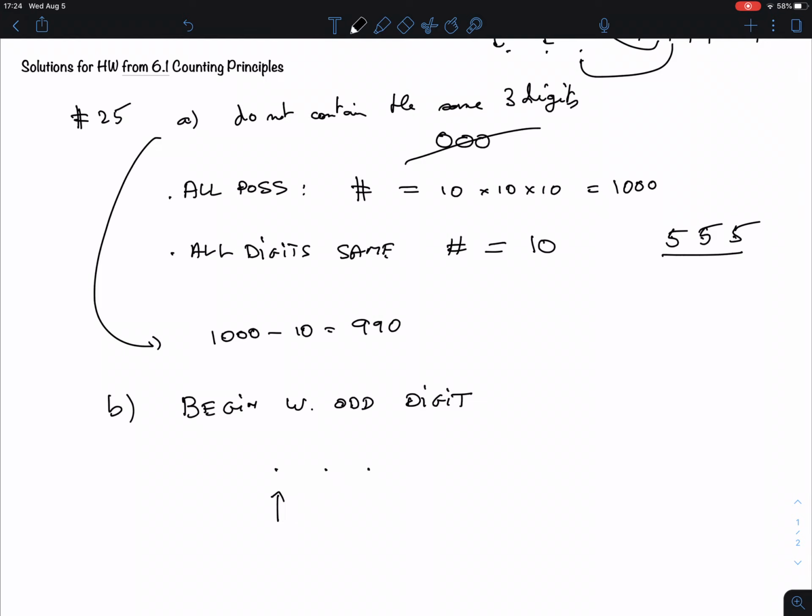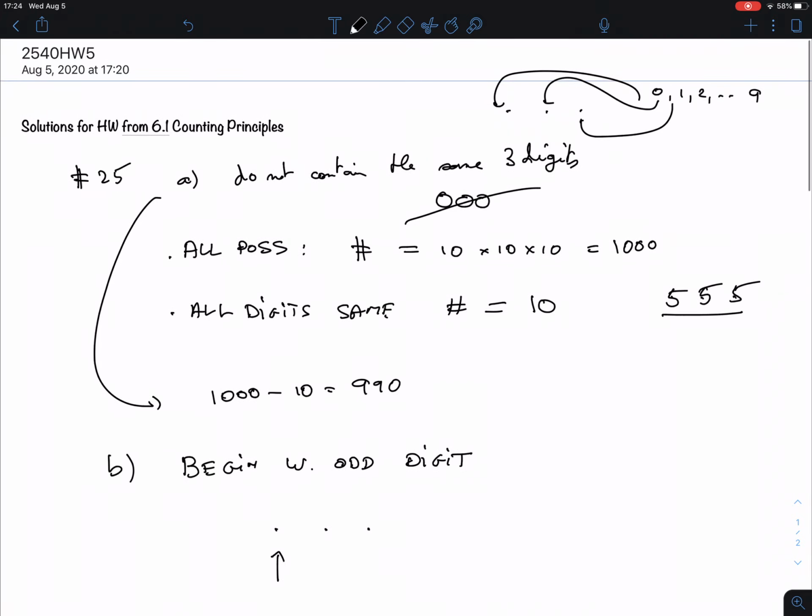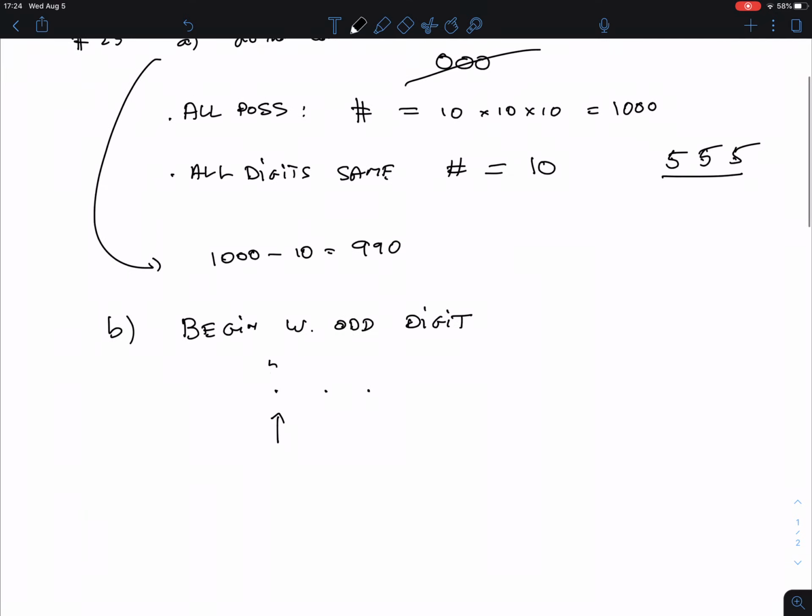How many choices do I have? 1, 3, 5, 7, and 9, so 5 choices here. How many choices for the next digit? There are no restrictions, so I have 10, and here also 10. Again, everything is independent, so it's multiplying, and this would be 500 numbers that begin with an odd digit, which of course makes sense. Half of them will start with an odd digit, and half of them with an even.